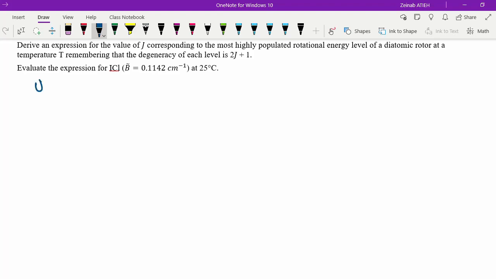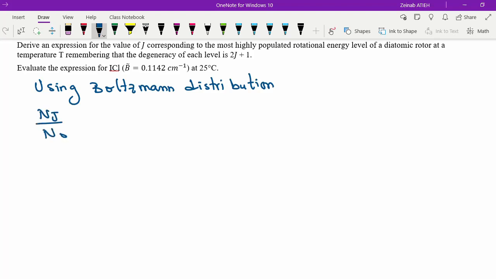So using the Boltzmann distribution, which gives the number of molecules in a certain energy level J with respect to the ground level, N_J over N_0 is equal to g_J exponential minus the energy in this level over kBT, where kB is the Boltzmann constant and T is the temperature.